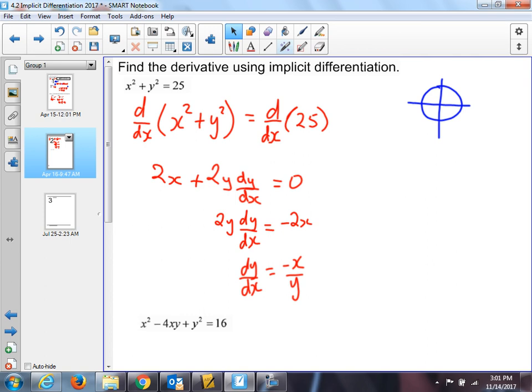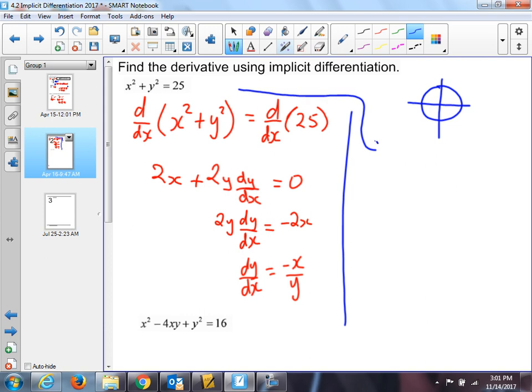First of all, if you find any ordered pair on here and you put the x and the y in there, you'll get the slope of the tangent. Now, I think what your question was, what if you solve this right off the bat as y equals the root of 25 minus x squared, right? Yeah, okay, you can do that.